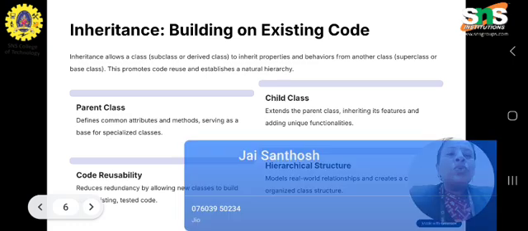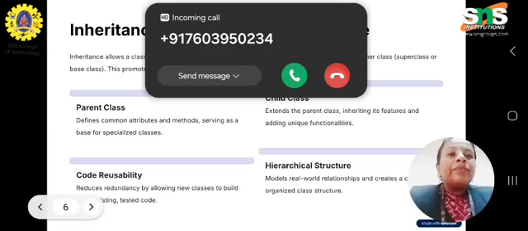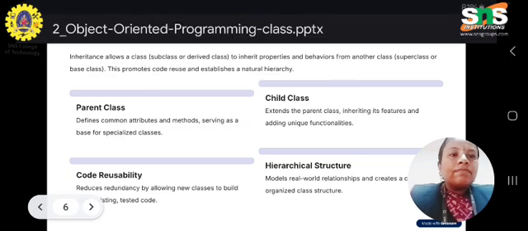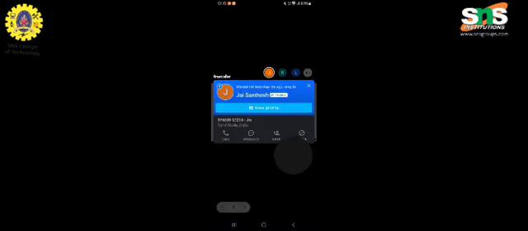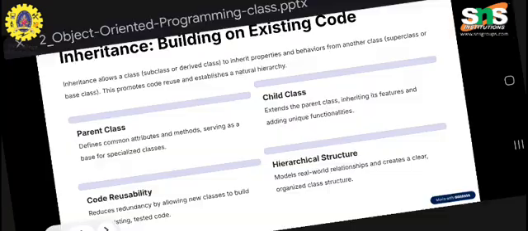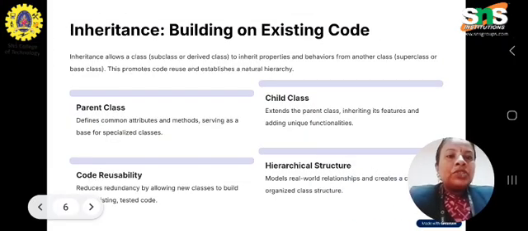This promotes code reuse and establishes a natural hierarchy. The parent class defines common attributes and methods, serving as a base for specialized classes. The child class extends the parent class, inheriting its features and adding unique functionalities.